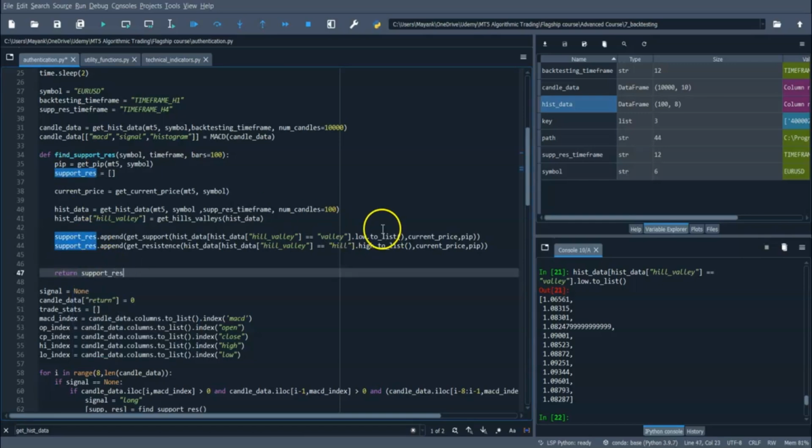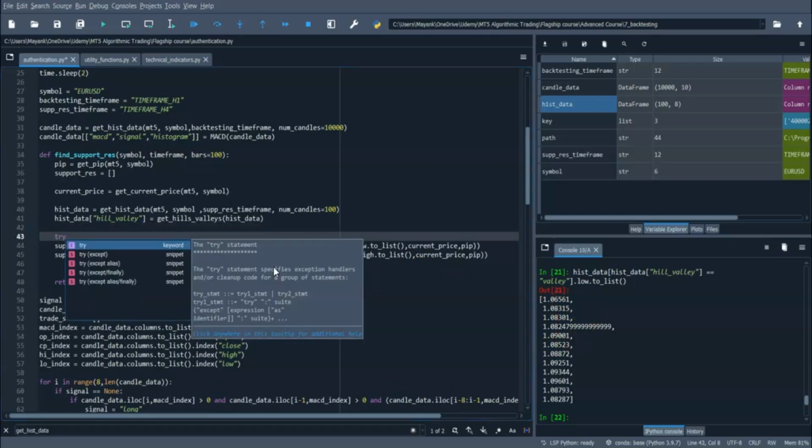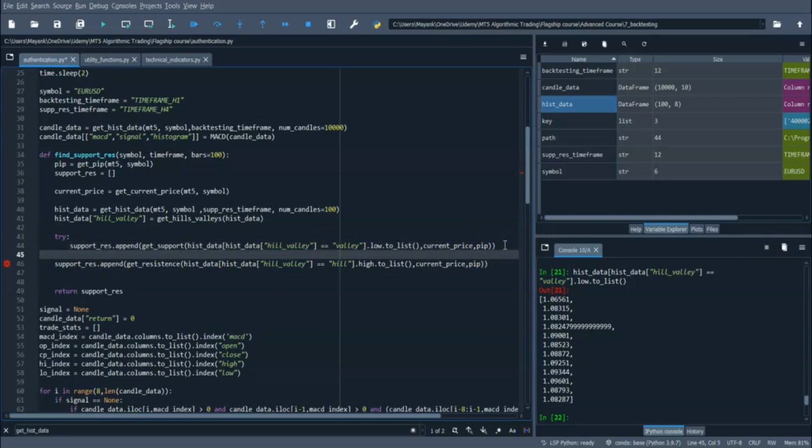Just one thing I would want to mention here is that there may be a case where we'll not get any values here, or we might get insufficient number of values. So in that case, let's use exception handling and let us pass a default support and resistance value.